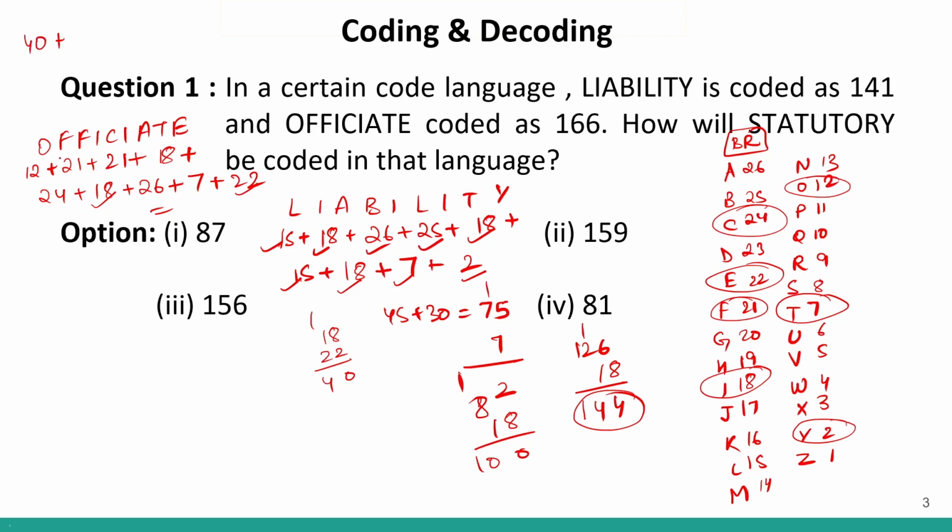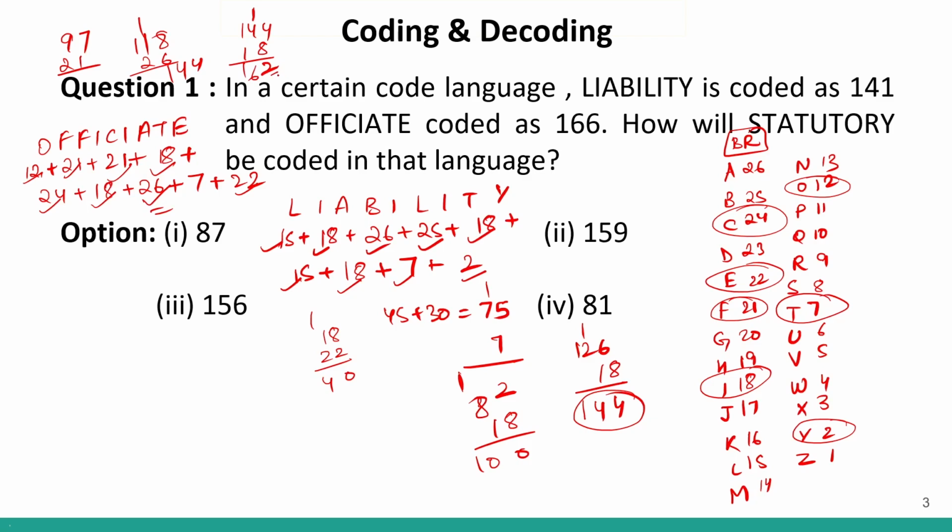40 plus 12 plus 24 is how much? 36. 36 plus 21, 57. 57 plus 40 is 97. 97 plus 21 is 118. 118 plus 18 and 26 gives 144, plus 18 makes 162.